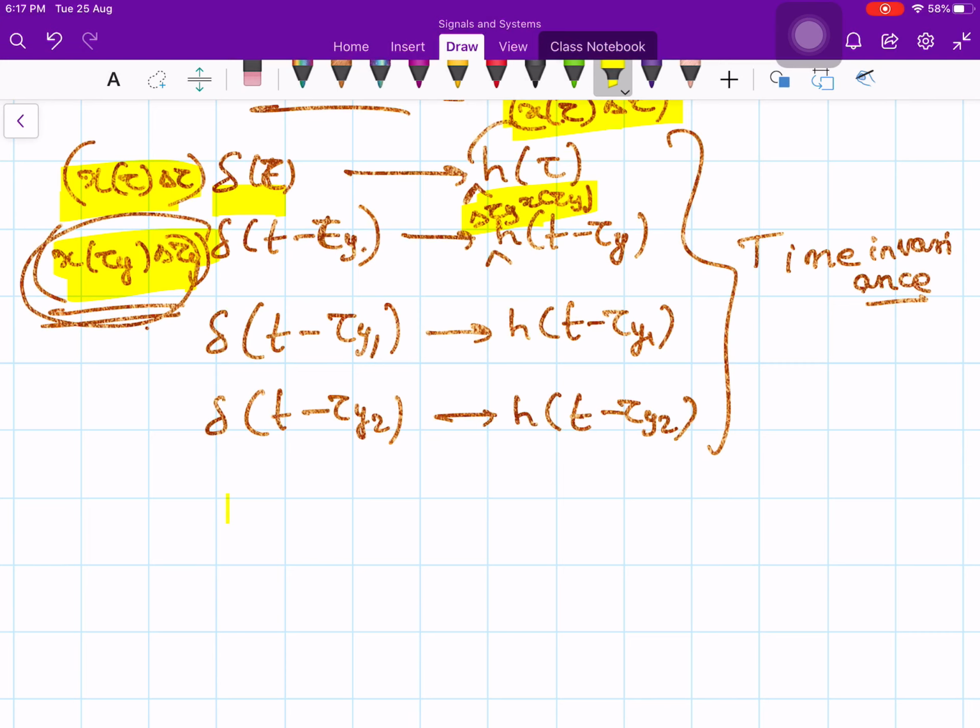So the next thing is we are going to apply superposition.